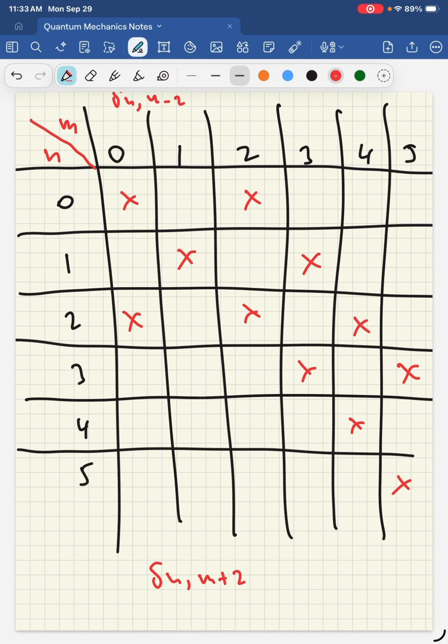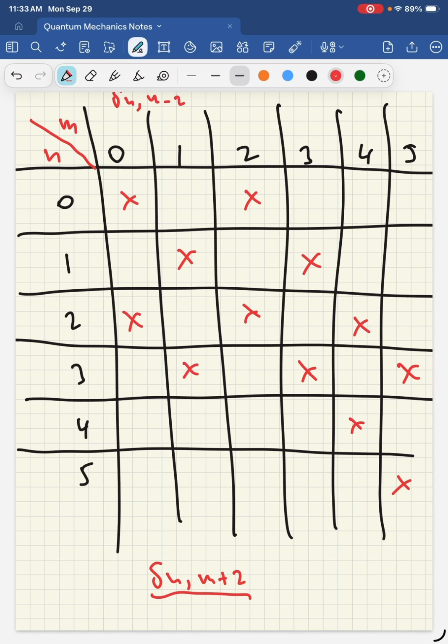Okay, and then this Kronecker delta tells us that if N is, say, 1, okay, then if N is 3 and M is also 3, that's not a 0 matrix element, right? So this element is not 0, right?